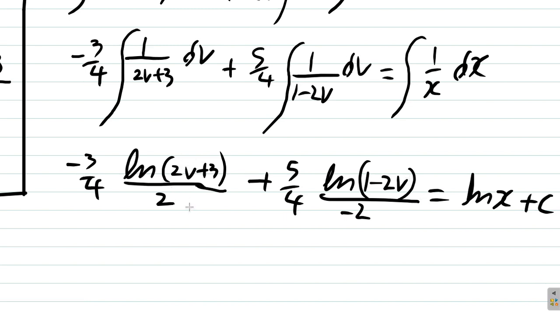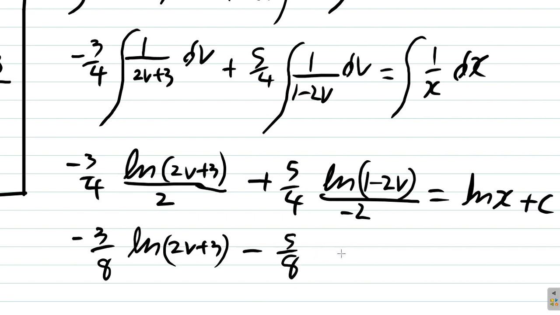Alright, so what happened now? We have -3/8 ln(2v + 3), because 4 times 2 is 8. Well, this will be minus 5/8, because it's 4 and then 2 under here would multiply, ln(1 - 2v) equal, well, c itself is a constant and we don't know what it is, but we can consider it as the ln of another constant.